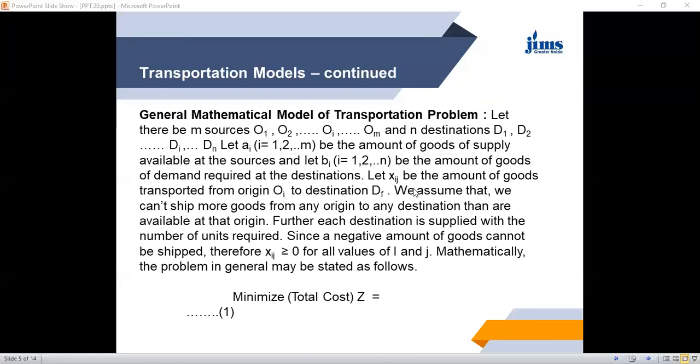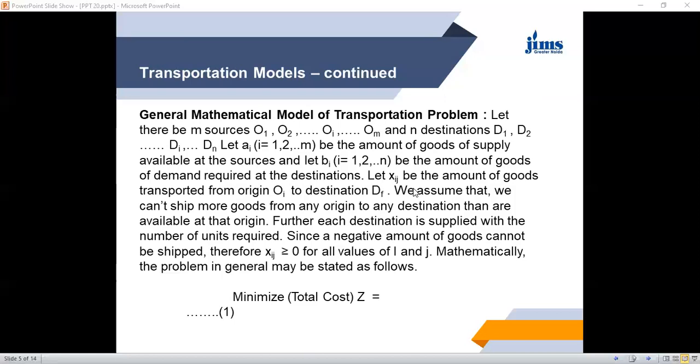Further, each destination is supplied with the number of units required. No more supply is given there. Since a negative amount of goods cannot be sent, therefore all Xij have to be greater than or equal to 0. Either you do not supply, or if you supply, then Xij will be greater than 0 for all values of i and j.